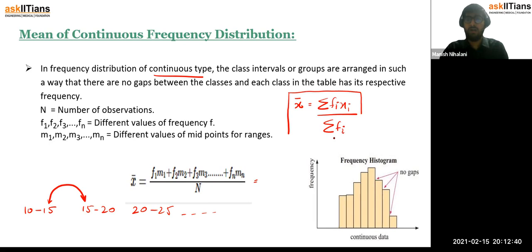Now in a continuous distribution, in place of xi we write mi: summation fi mi upon summation fi. Summation fi is again the number of observations, and mi is the midpoint of the class intervals, like 10 to 15, 15 to 20. This formula is applicable if and only if the frequency distributions are continuous.